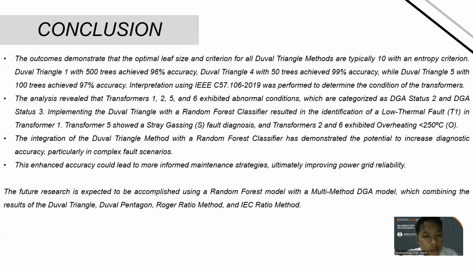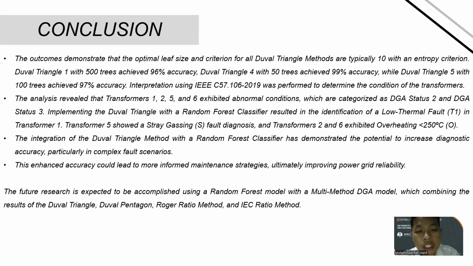Interpretation using IEEE was performed to determine the condition of the transformers. The analysis revealed that transformers 1, 2, 5, and 6 exhibited abnormal conditions, which are categorized as DGA status 2 and DGA status 3.